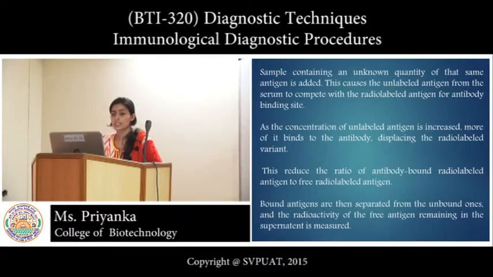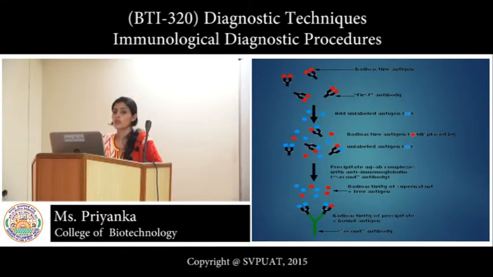The more antigens present in the sample, the more radio-labeled antigens are displaced by the unlabeled antigens in the sample. So in the supernatant we find radioactivity. The higher the concentration of antigens in our sample, the more radioactivity is found in the supernatant. So we can determine the concentration of antigens in our sample by measuring the radioactivity in the supernatant.